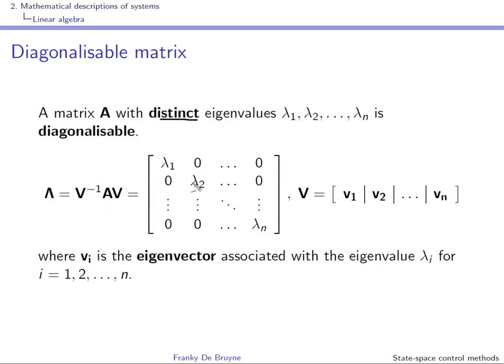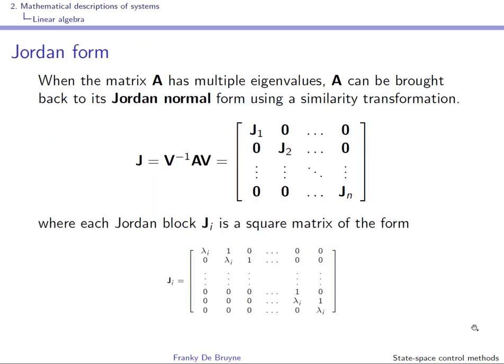If the eigenvalues are not distinct, in the sense that some eigenvalues are equal to one another, then it's not necessarily the case that you'll be able to diagonalize the matrix A.